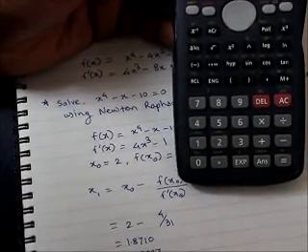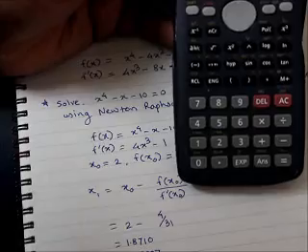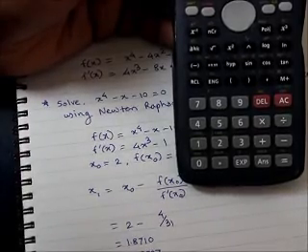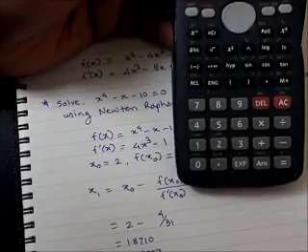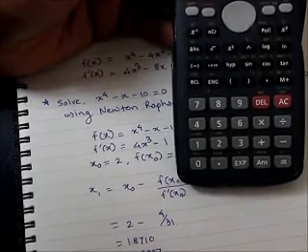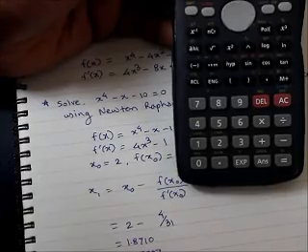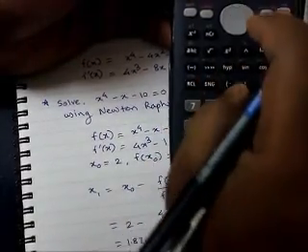Which is equal to 1.8710 minus 0.3827 divided by 25.1988.